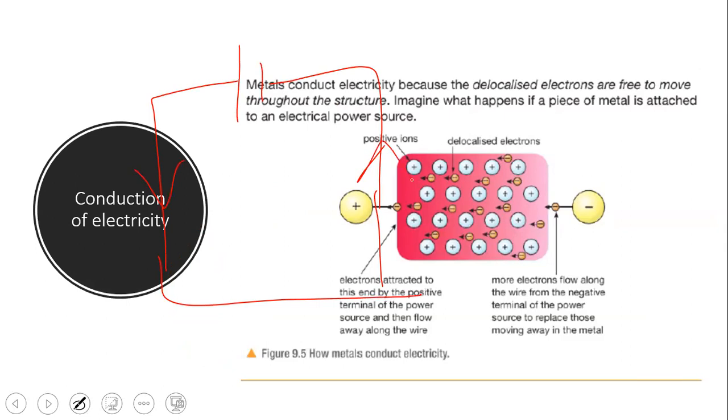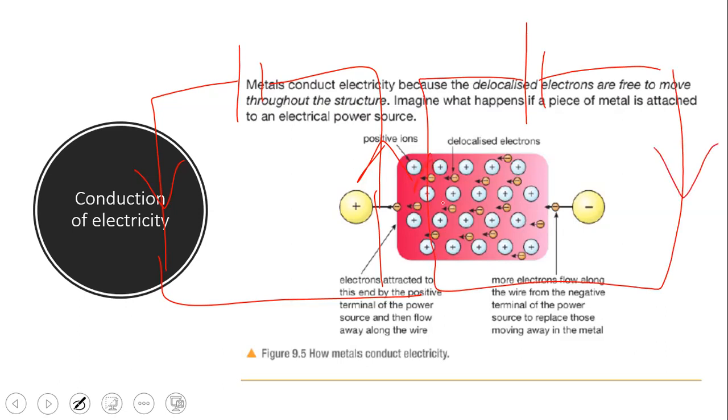Now, these days, you and I know very clearly that the current is not positive ions, the current is negative. It is the flow of electrons. But to this day, when you are dealing with physics past papers, you will see them say, tell us the direction of conventional current. This is conventional current.